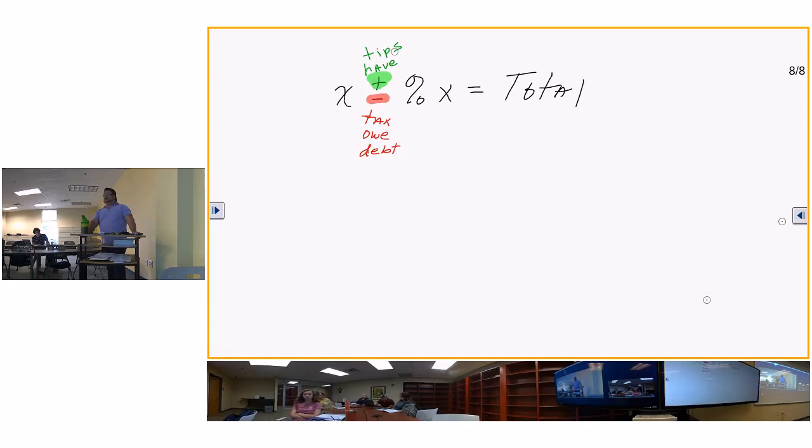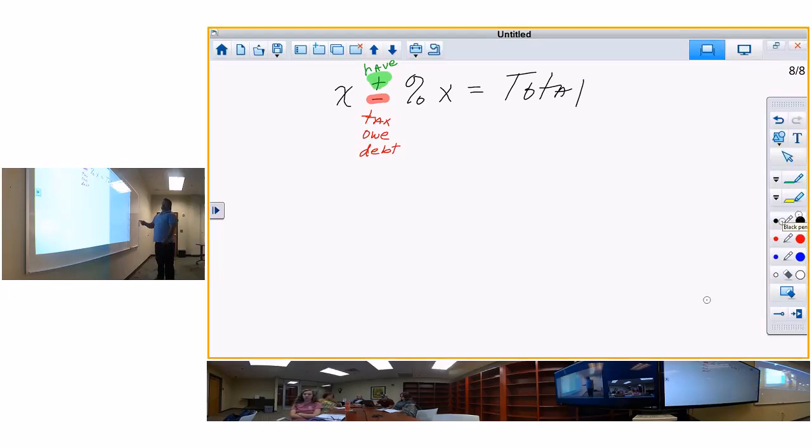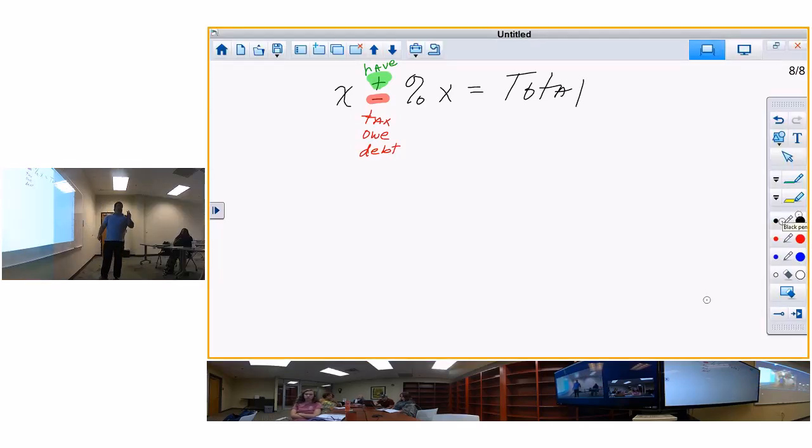I said, Lauren, the reason they didn't tip you is either you were crappy or they didn't have the money. Some places already include the tip. I think that's great. I think all businesses should have that.